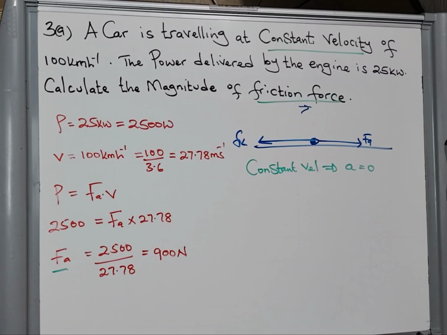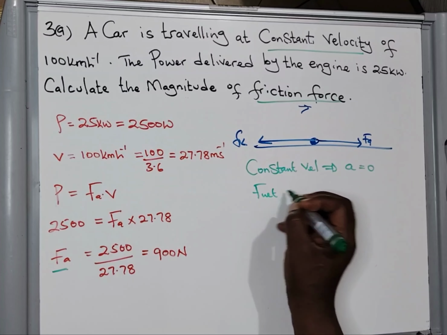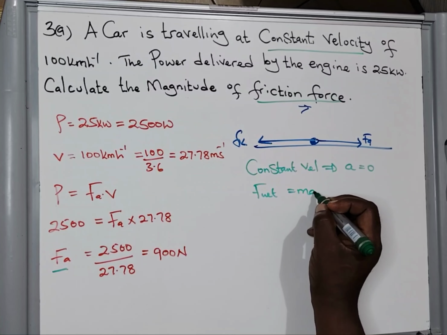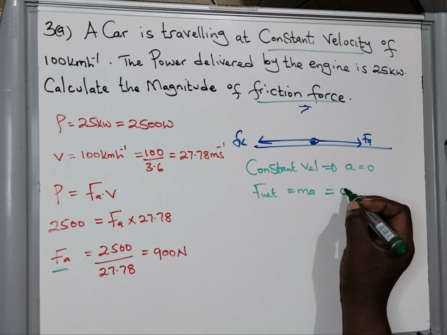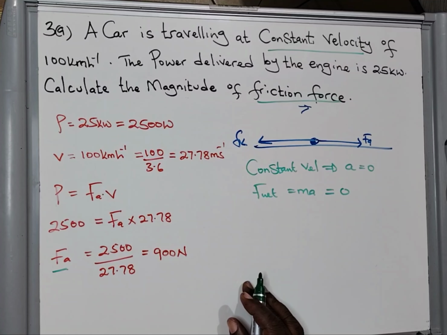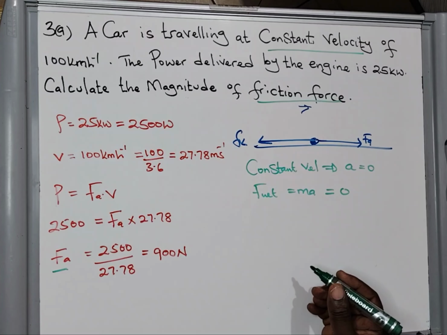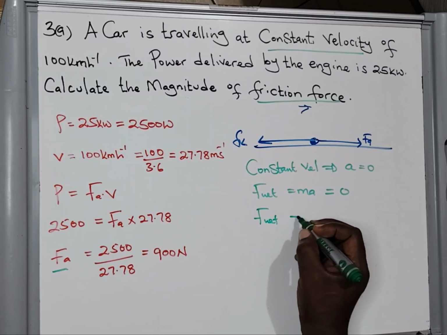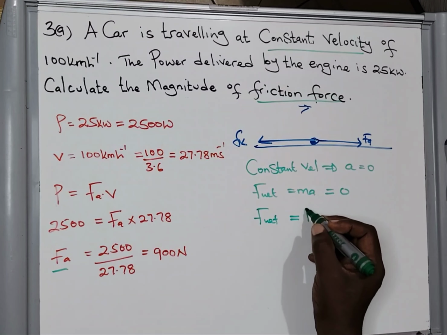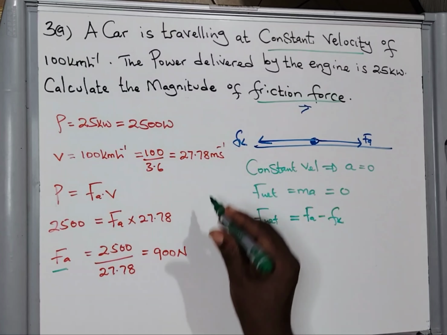So if acceleration is zero, F_net from ma, mass times acceleration, will give you zero. So F_net is zero. After that, you can find F_net in terms of forces. Our F_net is the sum of forces where the body is going, which is F_A, minus the sum of the forces where the body is coming from, which is F_k.